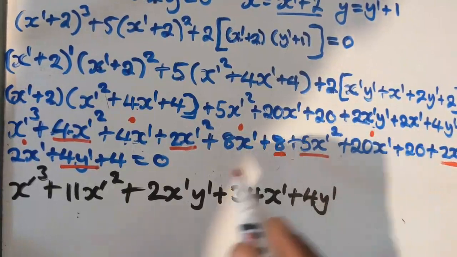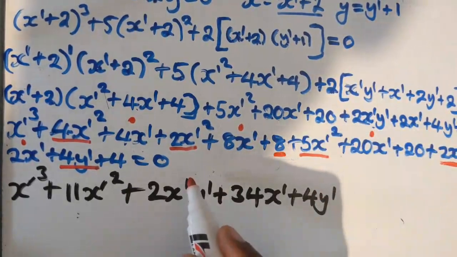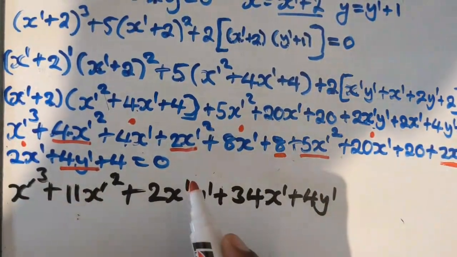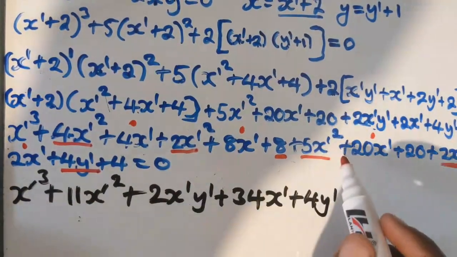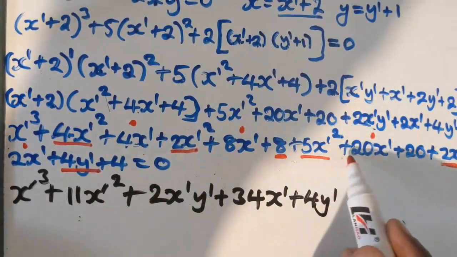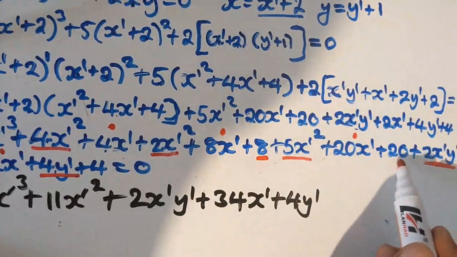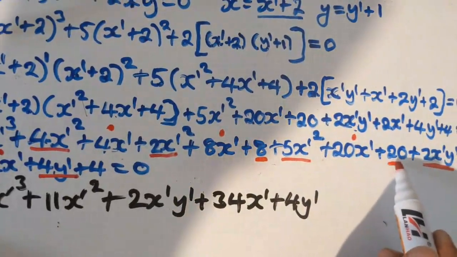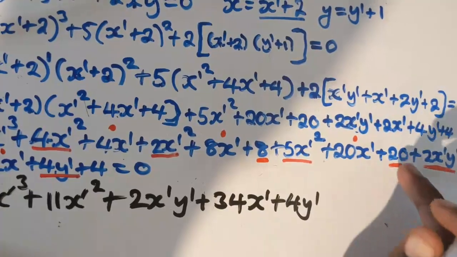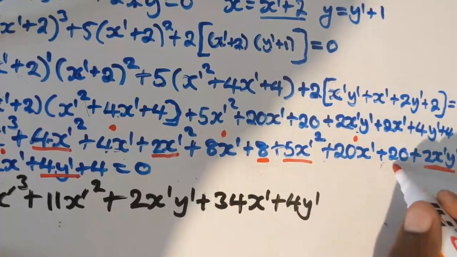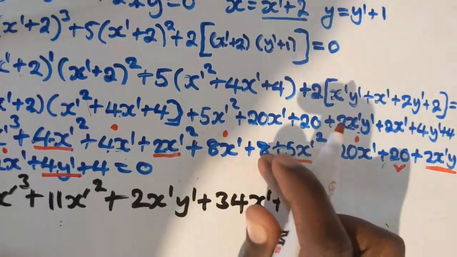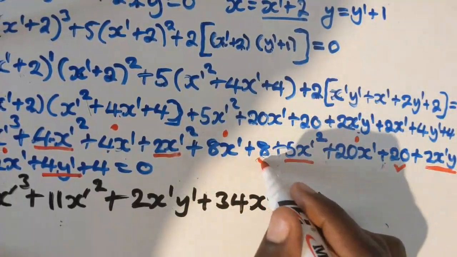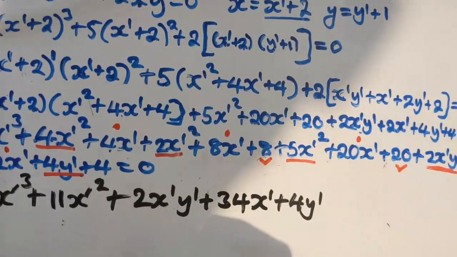Okay, we have 8 there. If we check nicely, we have 20 here. Okay, so we have 20. Let me just mark them like that so that you are not confused.